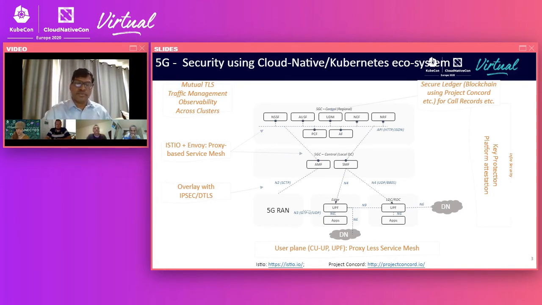So you require communication among the microservices in different locations. That's where the manageability, the central orchestrator, or multi-cluster service mesh is very important. So that is one aspect in my mind that would be needed in leveraging service mesh in the 5G world.